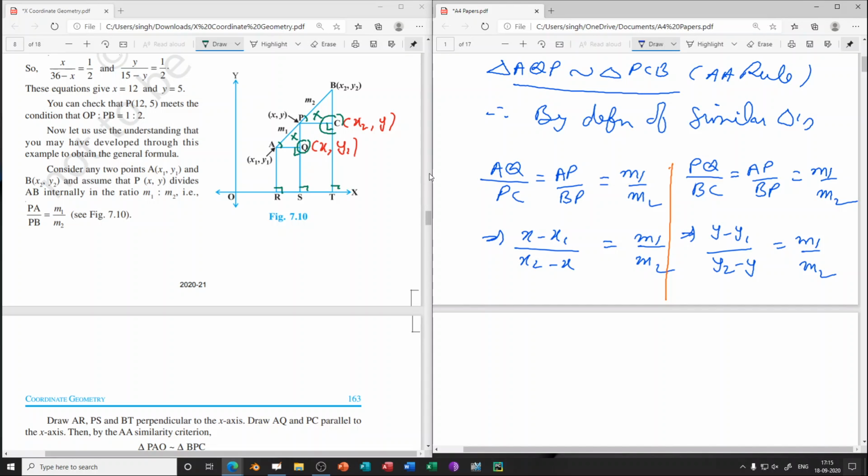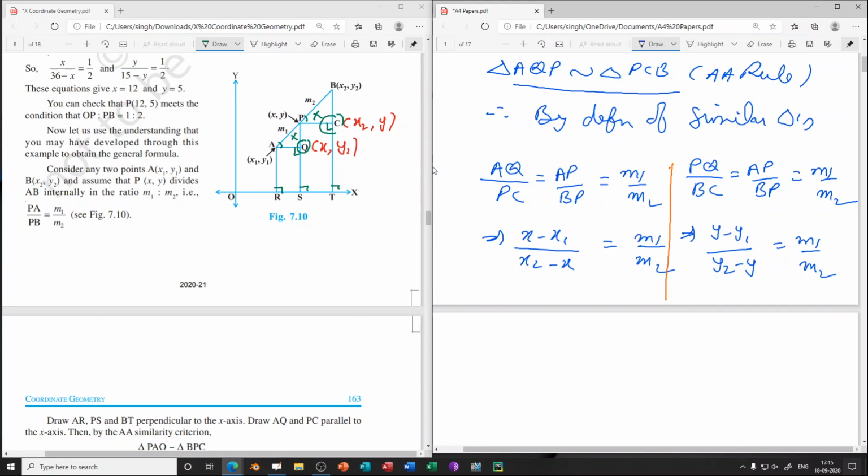But what is PQ? See the figure. The distance of point P from the x-axis is y, and the y coordinate of Q is y1. So PQ is the difference, y minus y1.